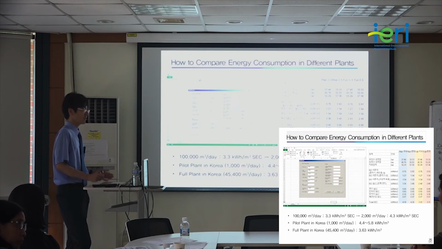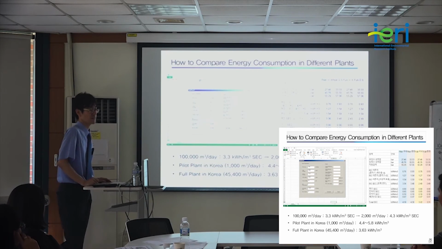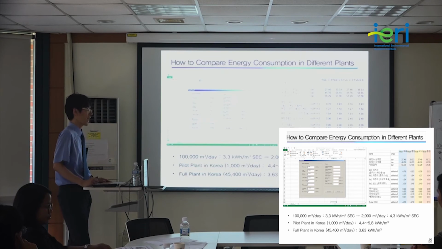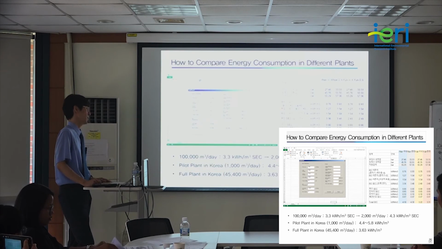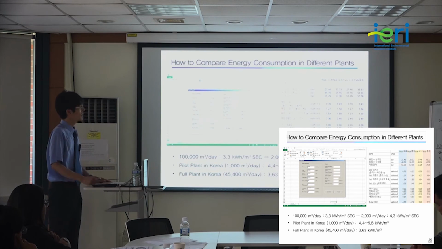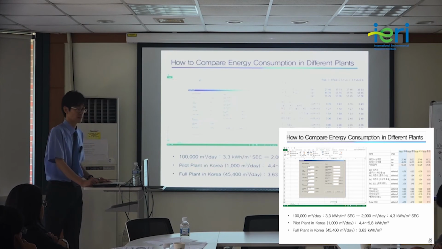So for example, if you have the data of this seawater desalination plant with a capacity of 100,000 cubic meter per day, and in this case, if you have this specific energy consumption of 3.3 kilowatt hour per cubic meter, the same process can only have the specific energy consumption of 4.3 kilowatt hour per cubic meter if the plant size is reduced to 2,000 cubic meter per day.